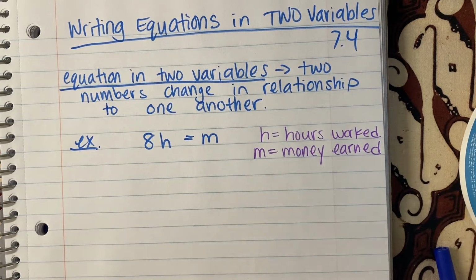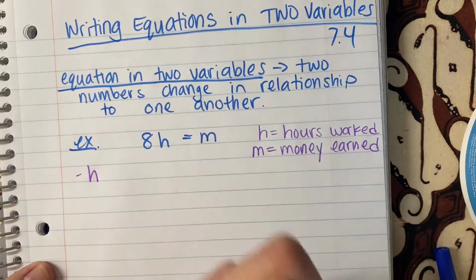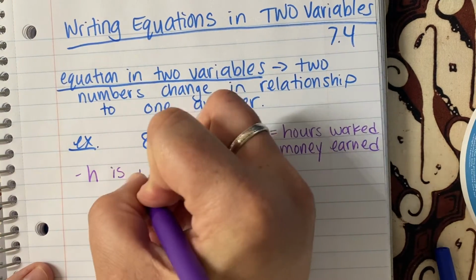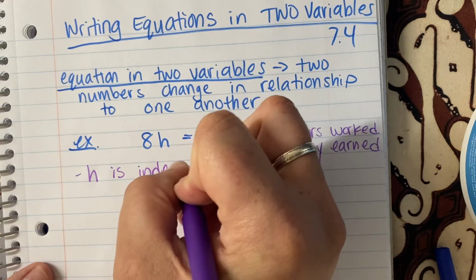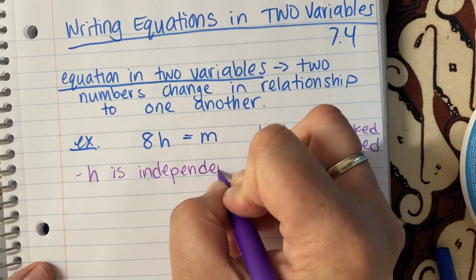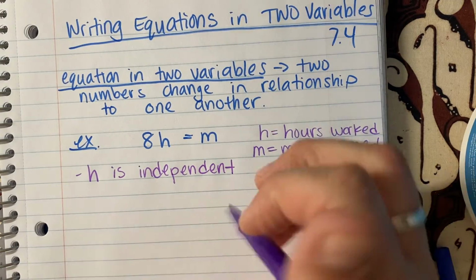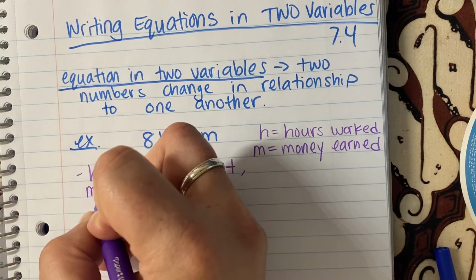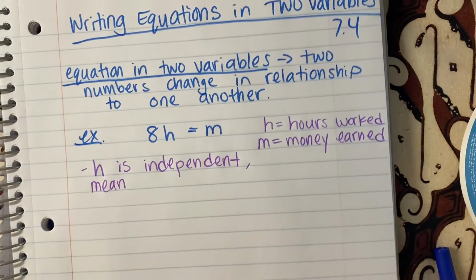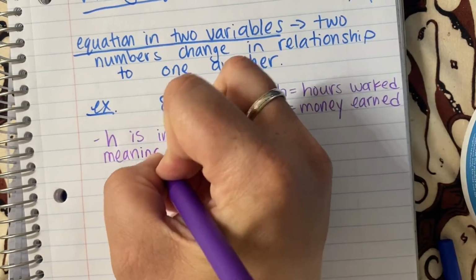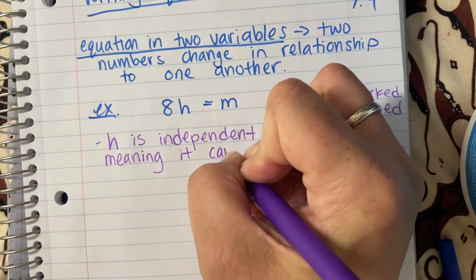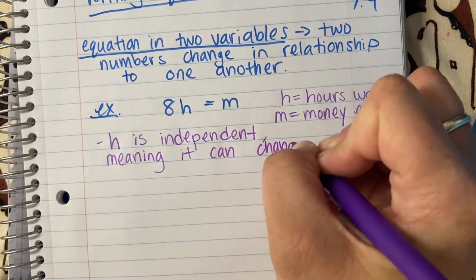So in this case, h is independent. So this meaning it can change freely.